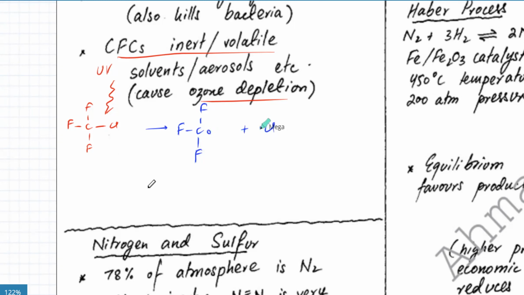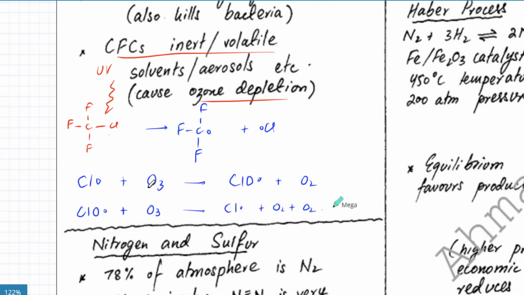Radicals are produced. And these radicals then go and attack the oxygen in the ozone. So they take away one of the oxygen and O2 molecules are produced, and in the next step, the Cl radical is formed again, and two O2 molecules are produced again.